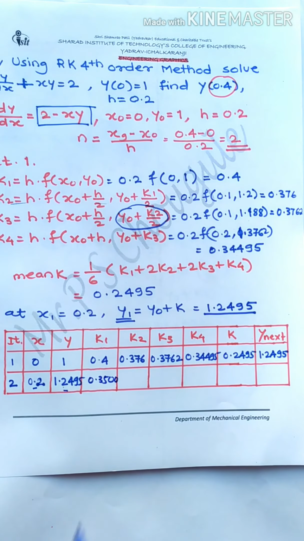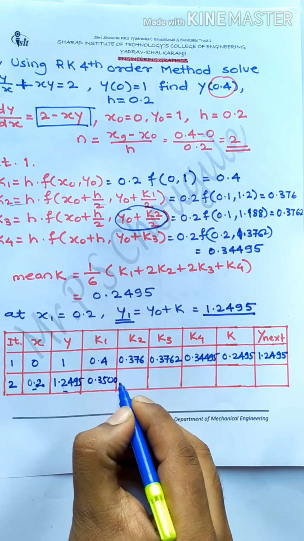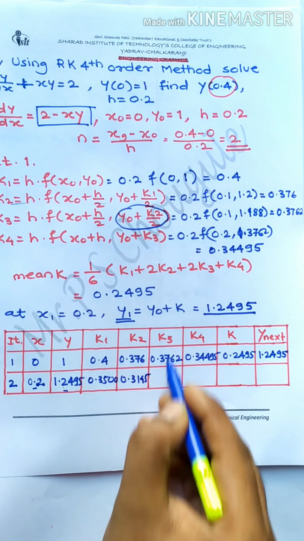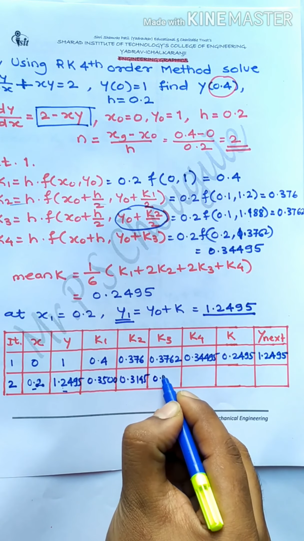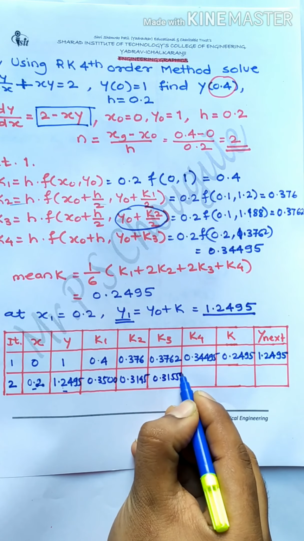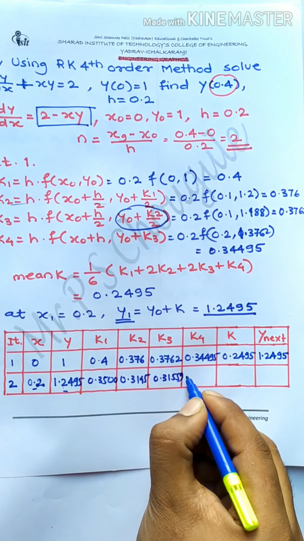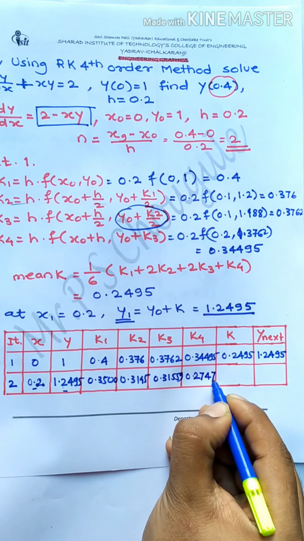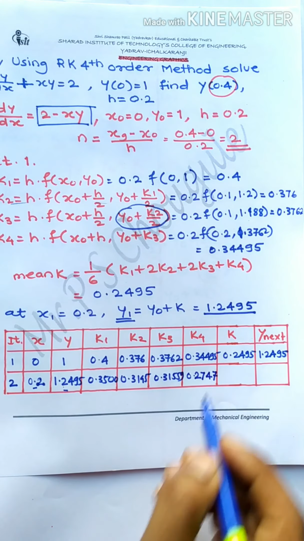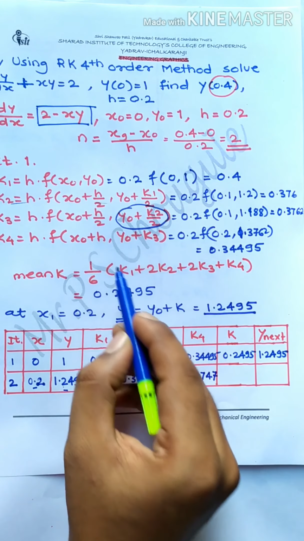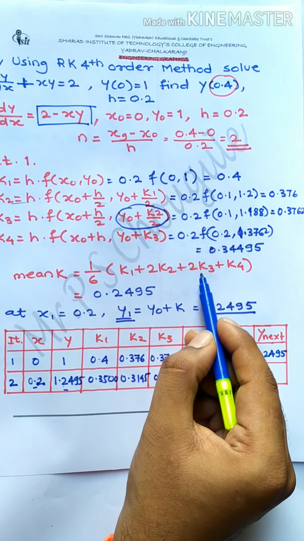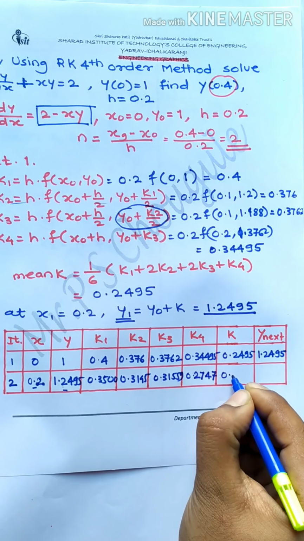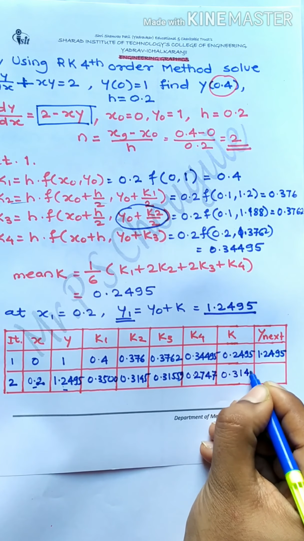0.3500, k2 will be 0.3145, k3 will be 0.31559, k4 will be 0.2747, and when we get mean k, which is 1 by 6, k1 plus 2k2 plus 2k3 plus k4, by this means we will get the value of k, 0.31417.